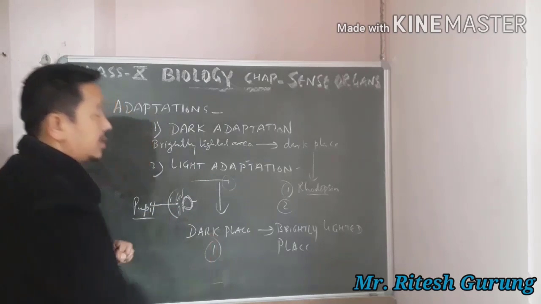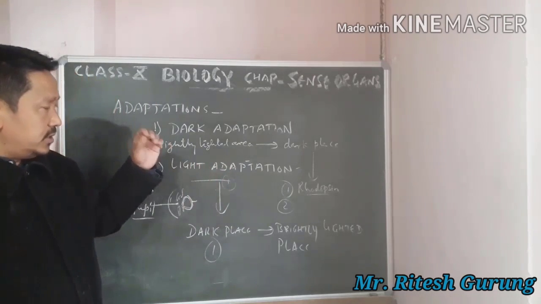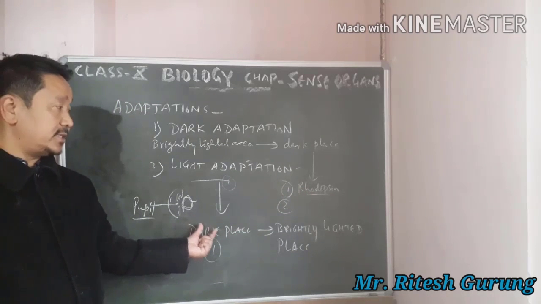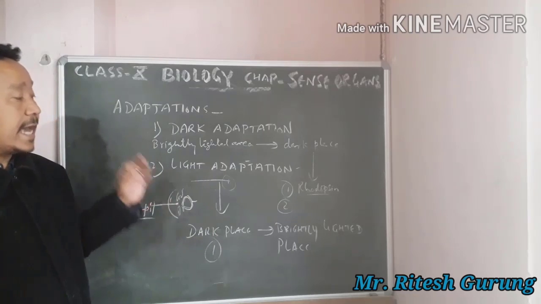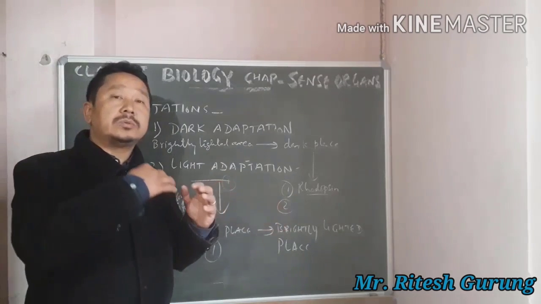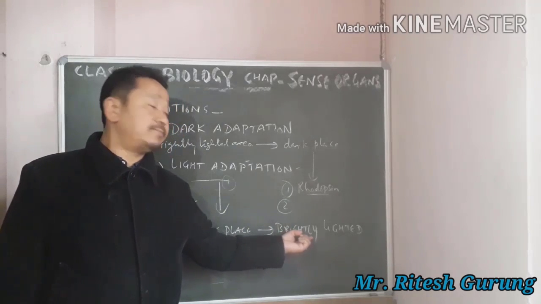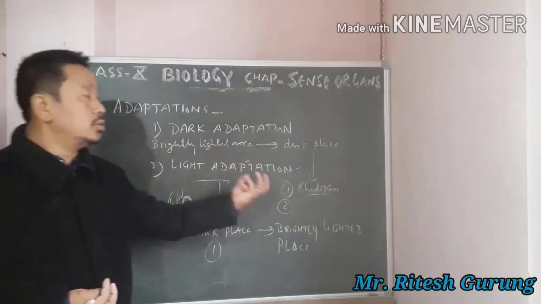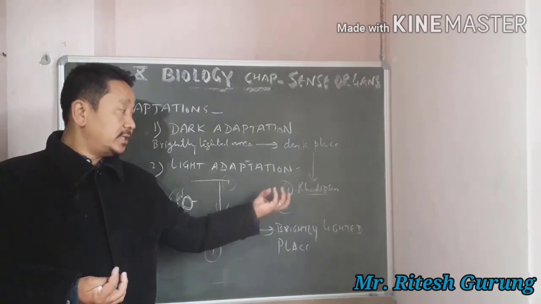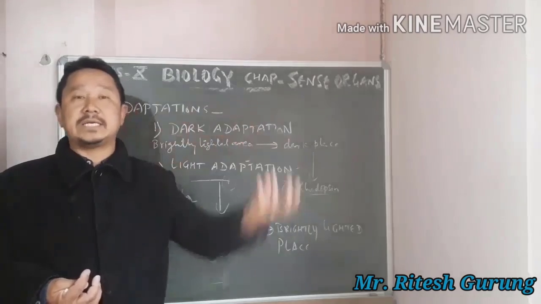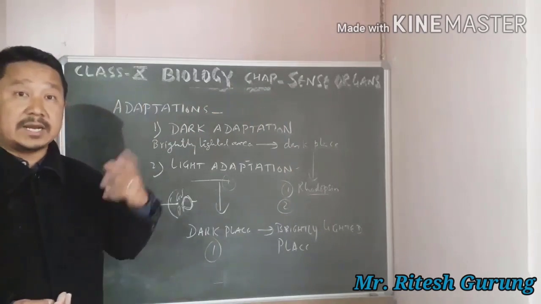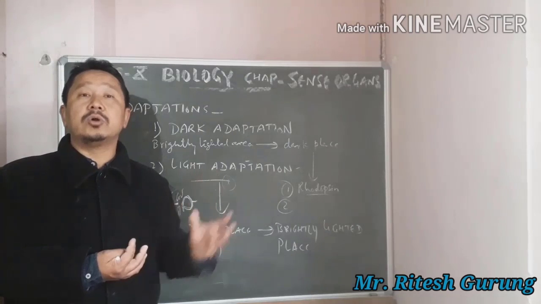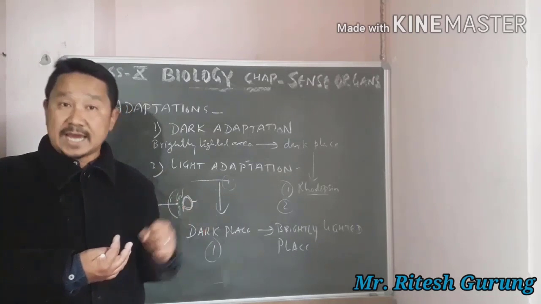What are they? Number one, the rhodopsins which were functioning in the dark place get bleached when you suddenly come out to the brightly lighted area, and lose their sensitivity, because rhodopsins are not sensitive to bright light. They are sensitive to dim light only.